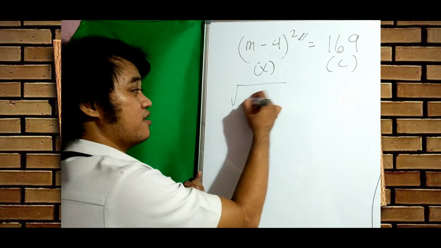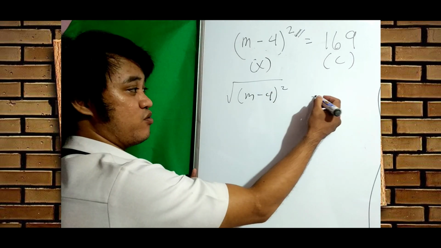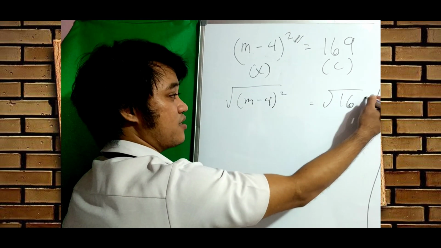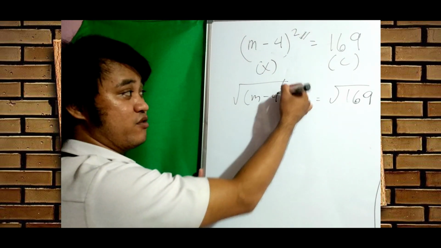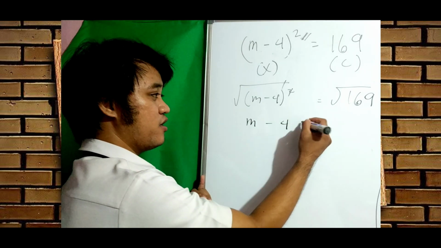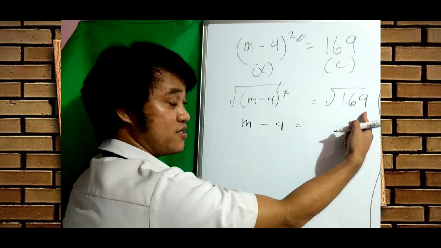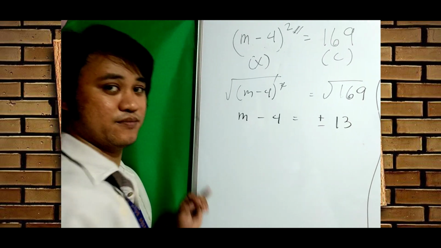So m - 4 is equal to the square root of 169. We eliminate the second degree, so we have now m - 4 is equal to positive or negative 13.